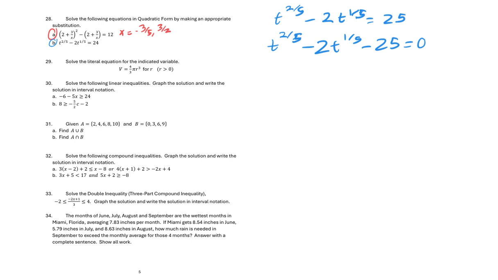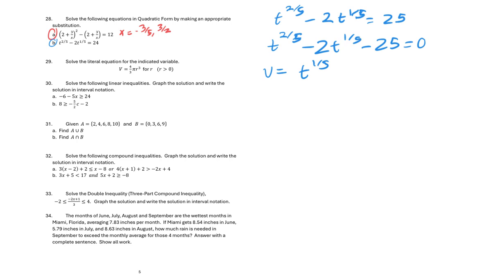Now, like this question asks, we want to solve with a substitution. What can we make our u equal to in this case? Well, I would say t^(1/5). It takes care of this term right here.